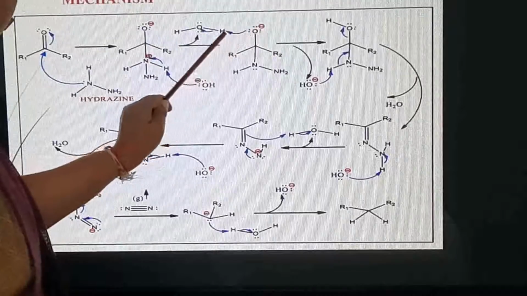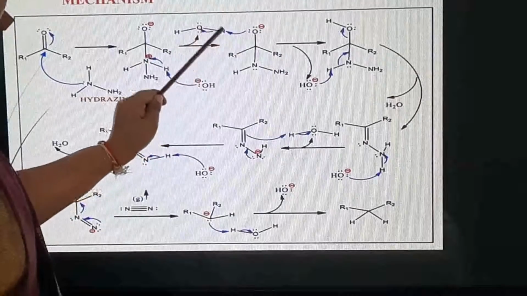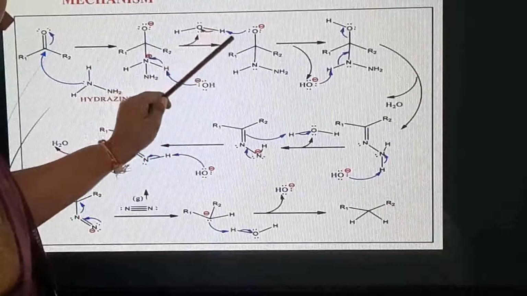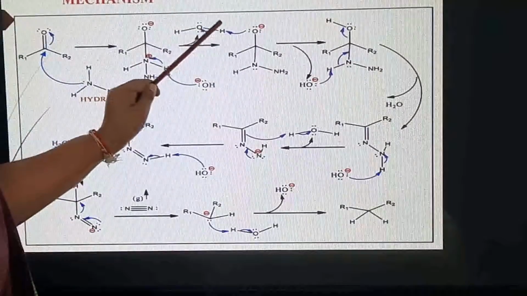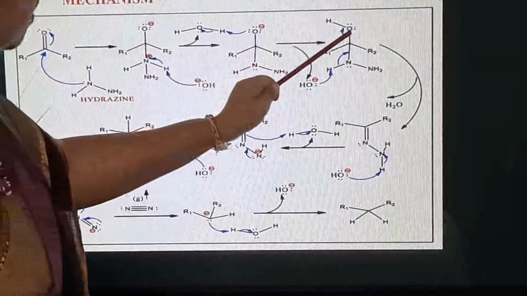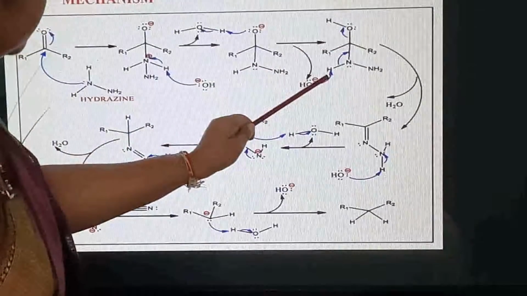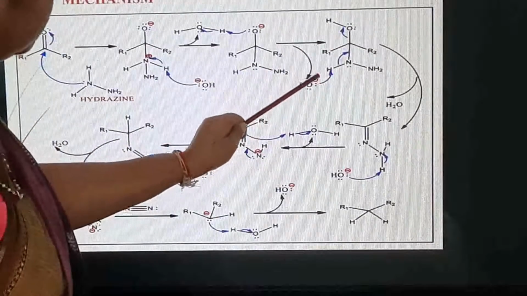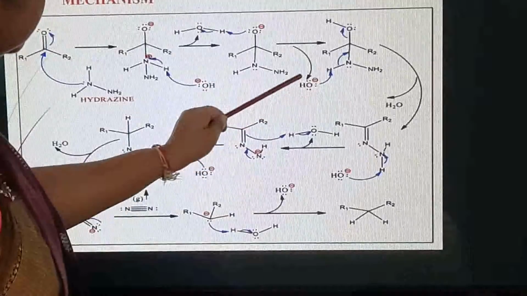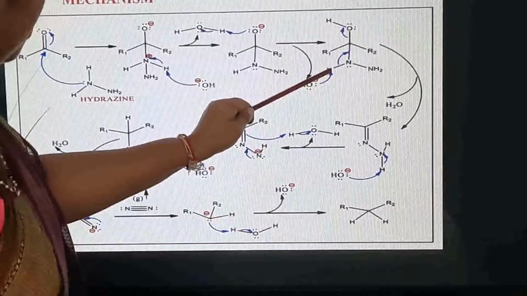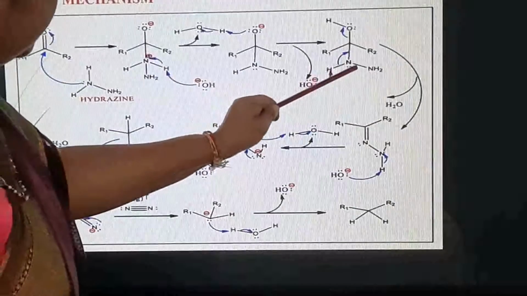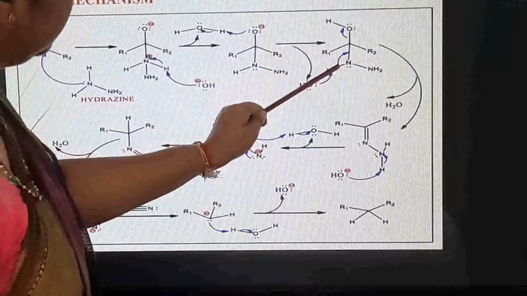That's why it can take hydrogen from the water molecule, or if we use any glycols, diethylene glycol, it can donate the protons. So it takes it, and there is the formation of the OH bond. Then again OH minus, which is present as the base in the reaction, takes another proton from the hydrazine hydrate, and here the electrons are there.